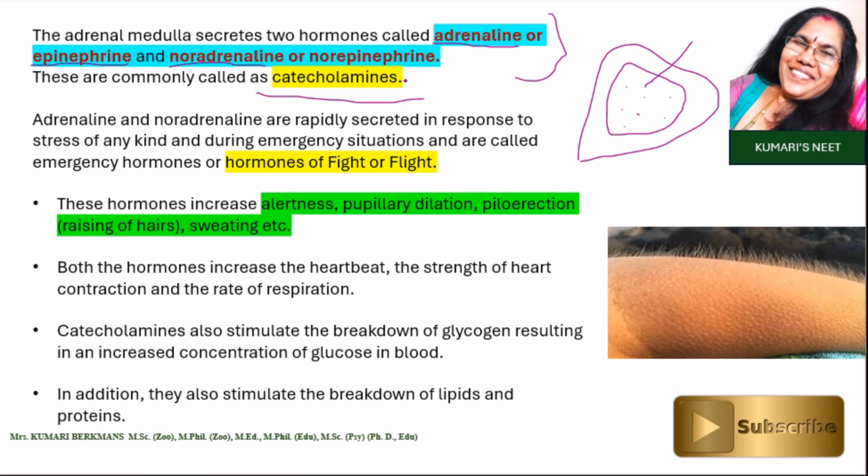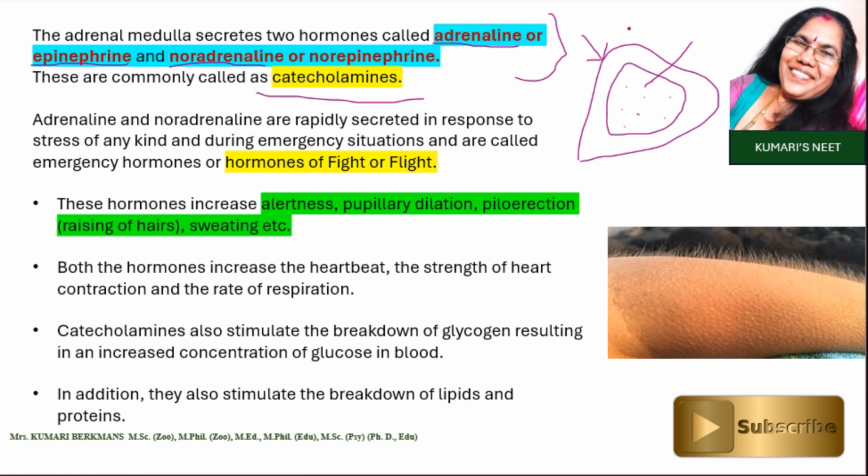Make a note: adrenaline and noradrenaline are rapidly secreted in response to stress, when we are under stress. Stress is not good for our body. It affects each and every organ present in our body.